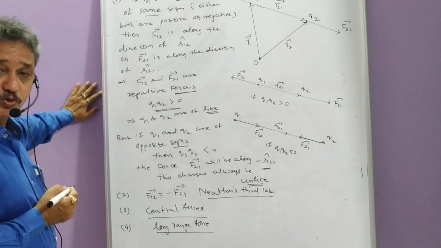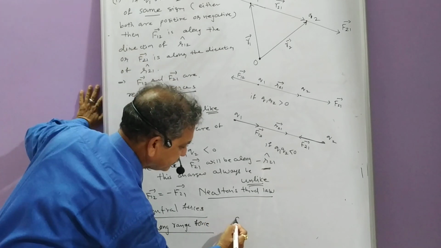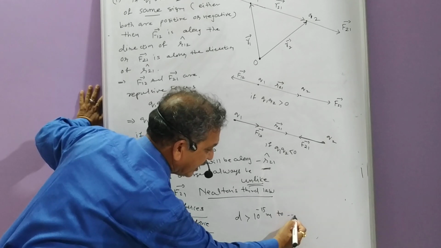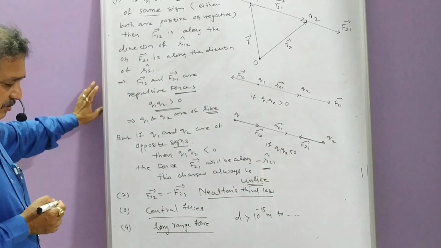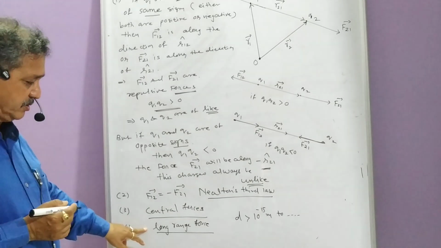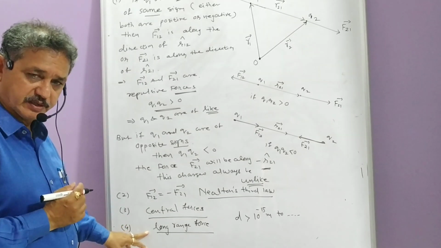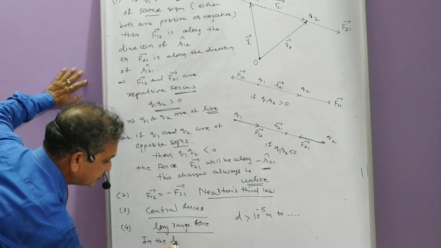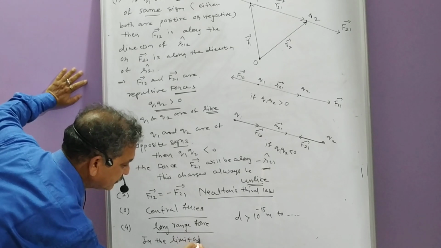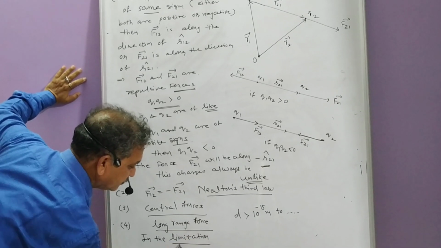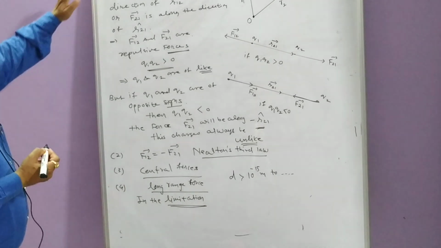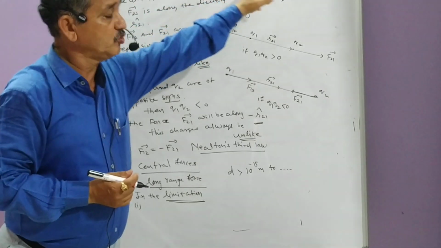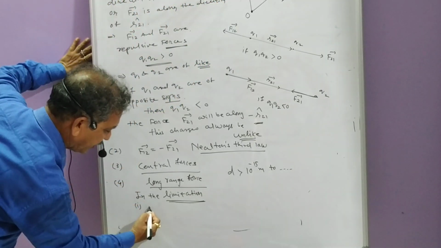If the distance between the two charges is greater than 10 raised to minus 15 meter, to any value, then there will always be a Coulombian attractive or repulsive force. Then, the limitations of this Coulomb's law: number one, the charges Q1 and Q2 must be point charges.